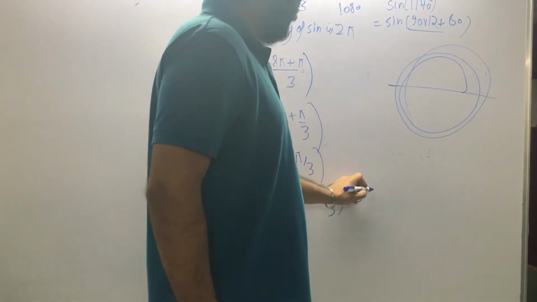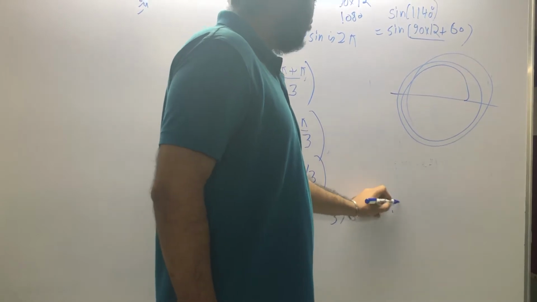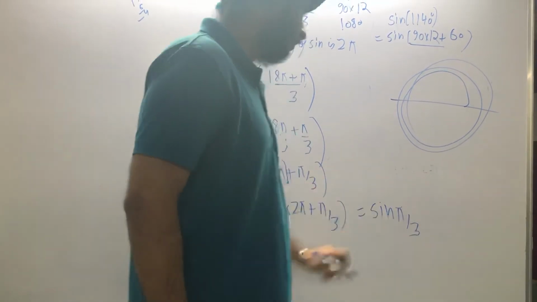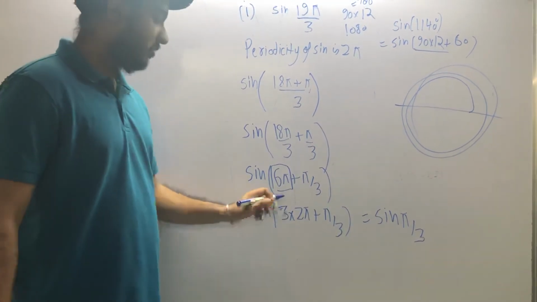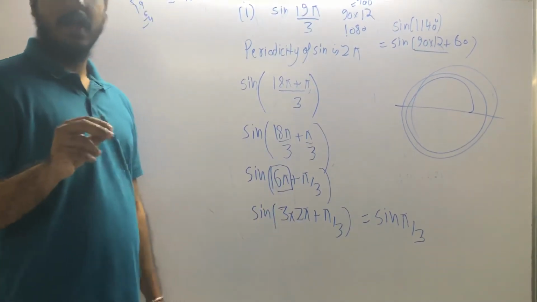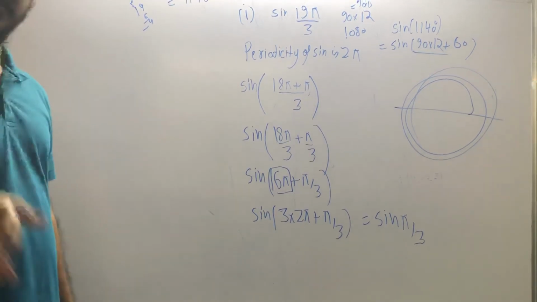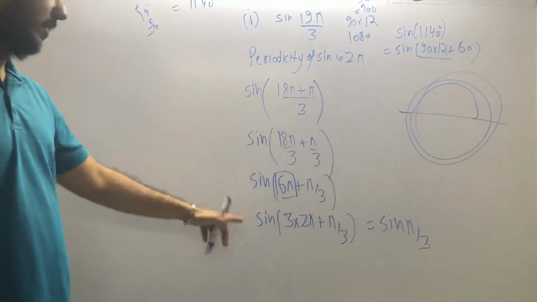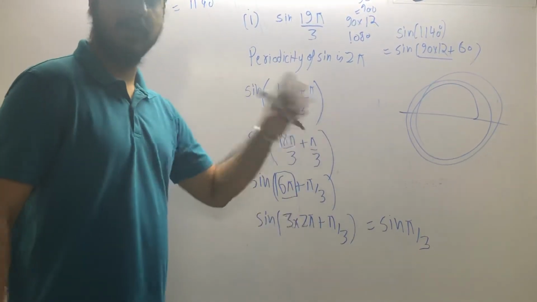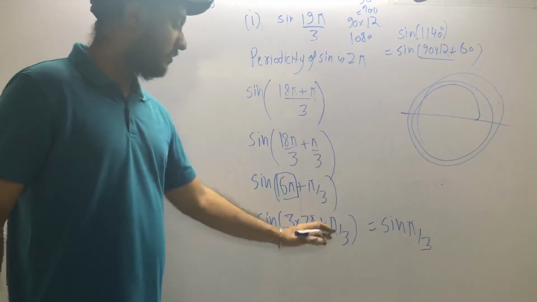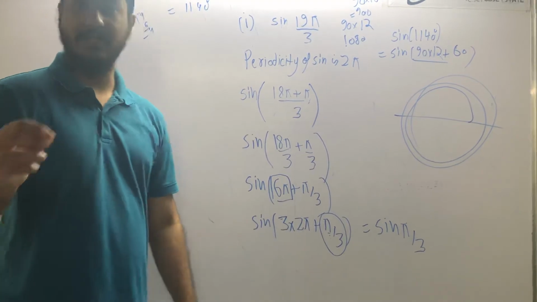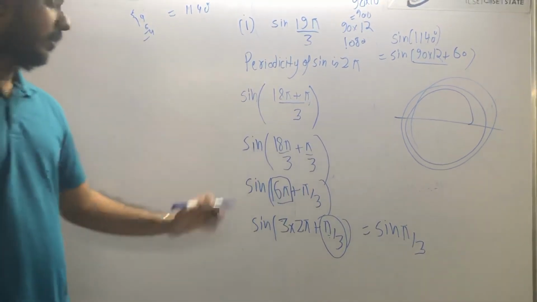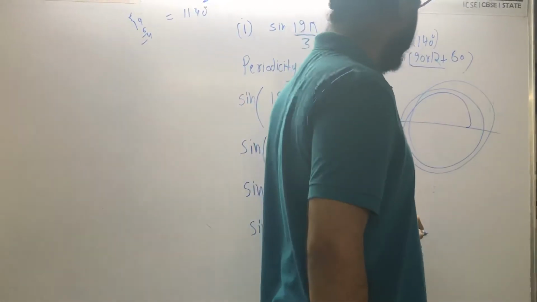The answer will be sine pi by 3, because the periodicity is 2 pi and the function has already rotated 3 times the angle of 2 pi, so it will come back to the original angle pi by 3. So the answer will be sine pi by 3.